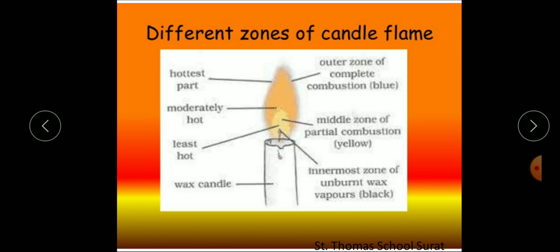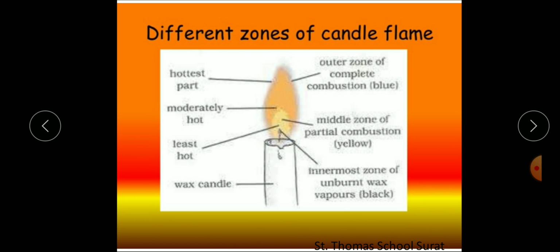Here there is an incomplete combustion, means partial combustion is taking place of wax vapors due to low oxygen. Carbon particles are produced over here, and this zone emits most light. This zone emits what? It emits most light.